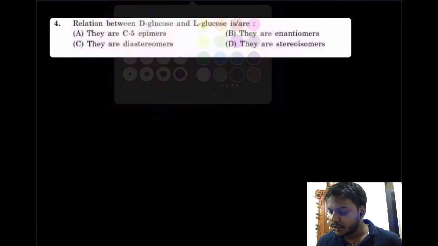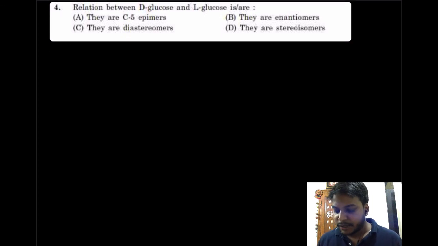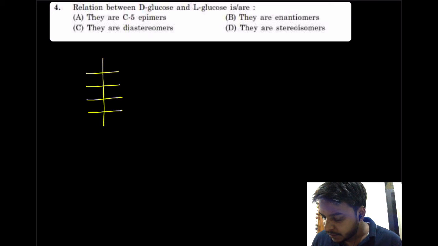See the next question, it is about the relation between D glucose and L glucose, okay. Let me simply write what exactly is a D glucose. First, when it comes to glucose, glucose will have 4 chiral centers with CHO as the functional group and CH2OH here. This is a Fischer projection which I am writing.